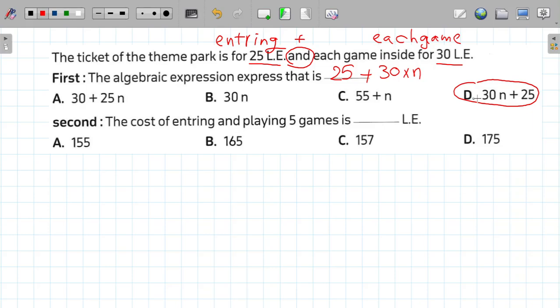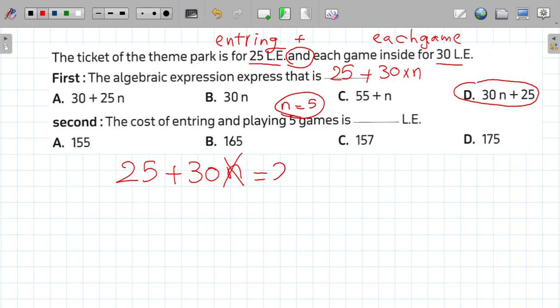Next, I want the cost of entering and playing 5 games. That means I want to evaluate the expression for n equals 5. So I will take the expression 25 plus 30n, and I will replace n with 5.